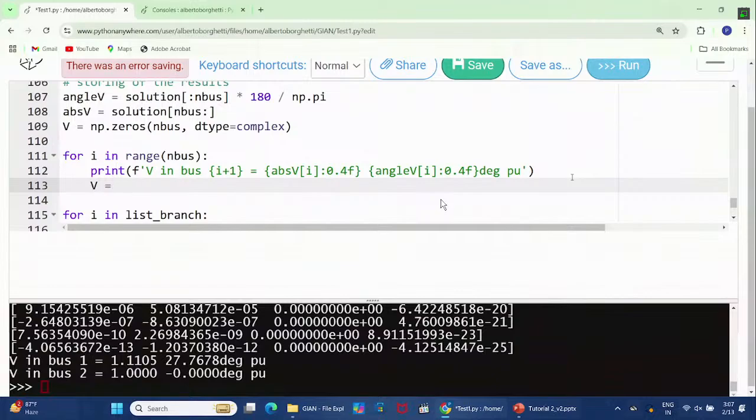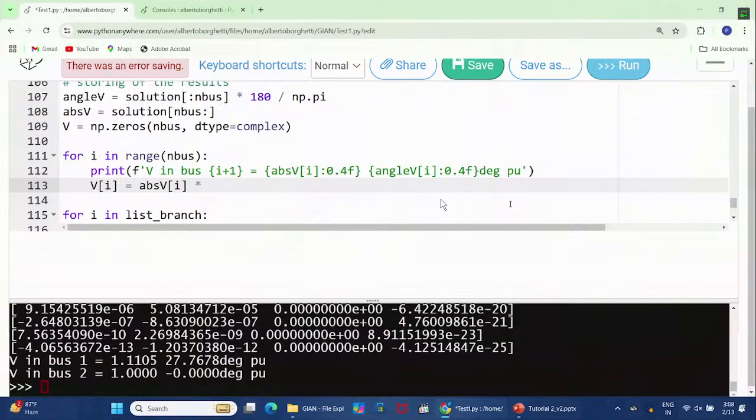So we can say abs VI, and then multiply by a phasor.